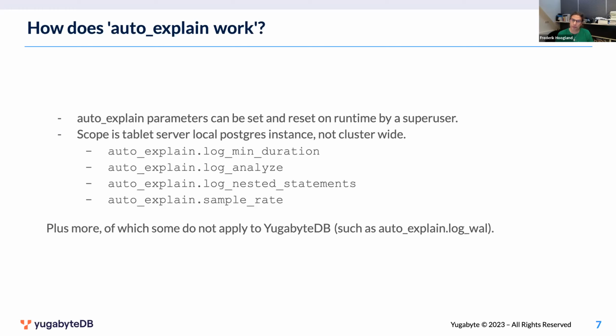So you might not need to set it in the parameter file and then restart the entire T-server or the Postgres database. However, the scope is always the local tablet server, so the local Postgres instance. It's not and never cluster-wide unless you're bouncing all the T-servers at the same time. Then it will be cluster-wide.